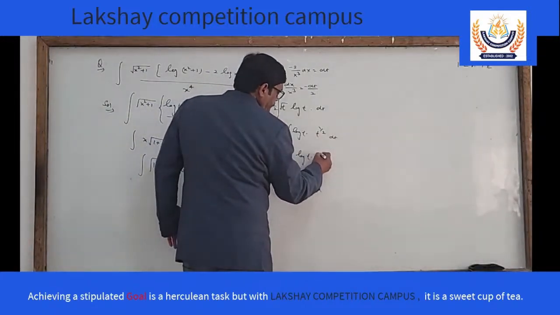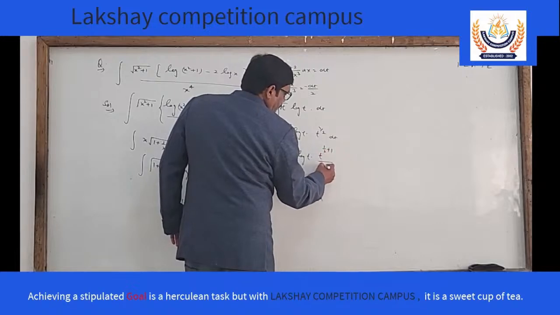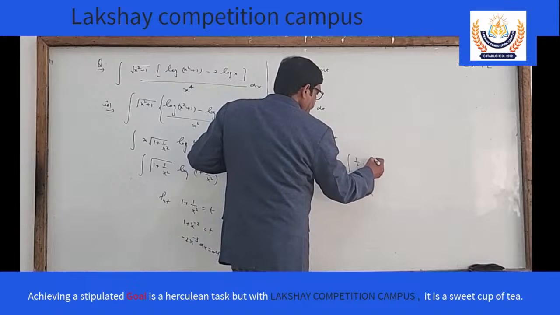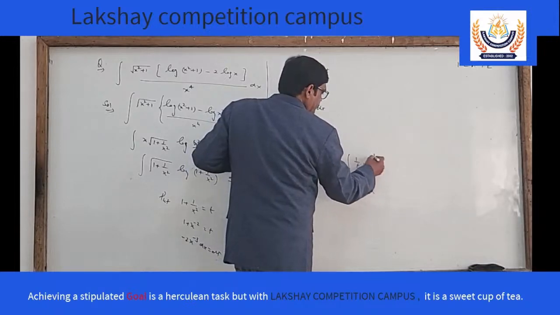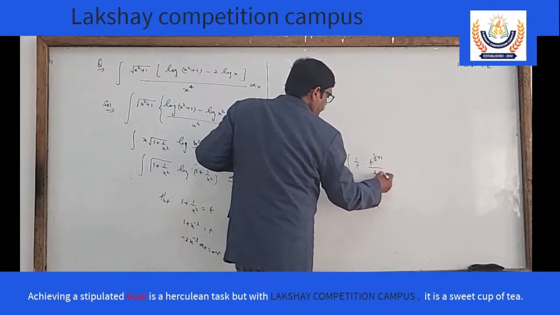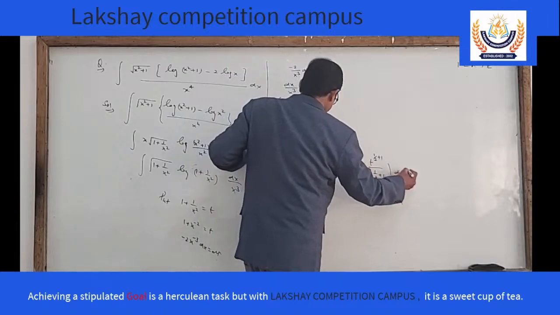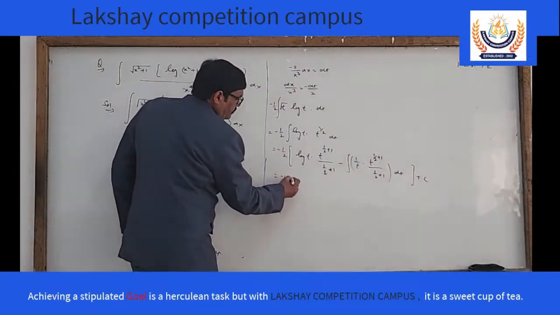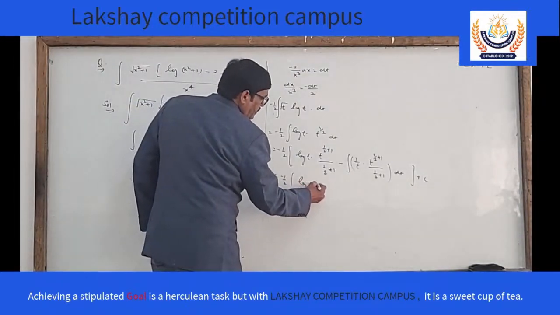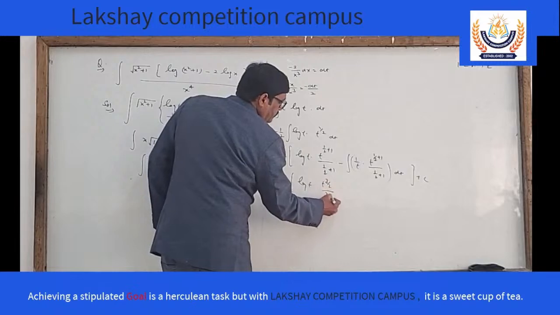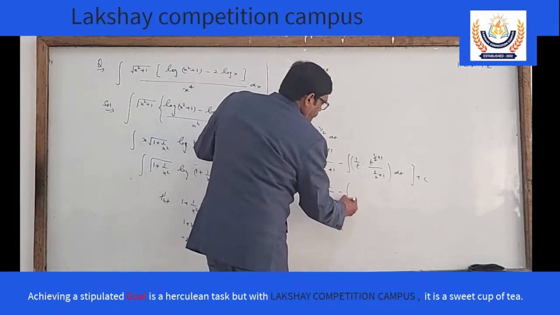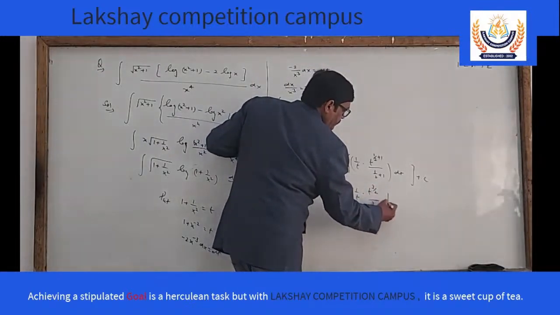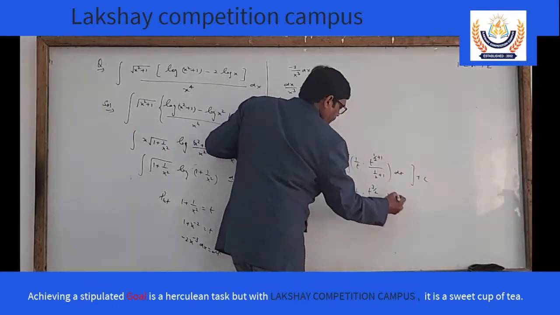Integration of the second means t raised to 1 by 2 plus 1. Derivative of first is 1 by t. Integration, 1 by 2 plus 1, whole integration plus constant. Clear? So minus 1 by 2, log t, t raised to power 3 by 2 by 3 by 2, minus integral of 1 by t, t power 3 by 2 by 3 by 2, dt plus c.